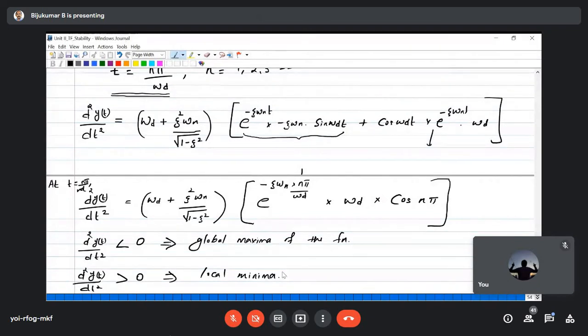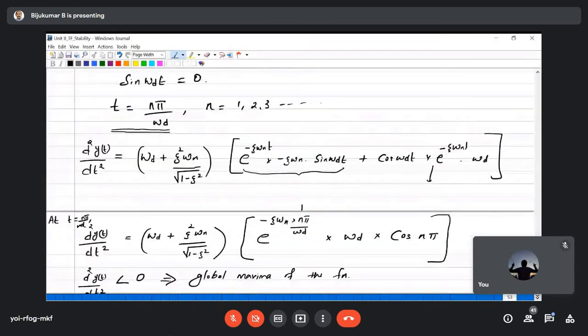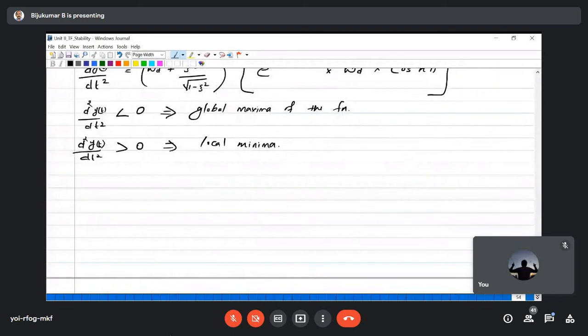So at what value of n does it become negative? For n equal to 1, it becomes negative because cos n pi becomes minus 1. Cos pi is minus 1, right?